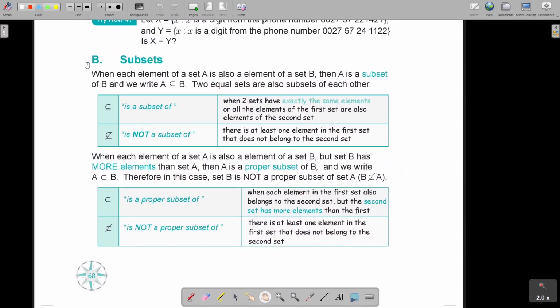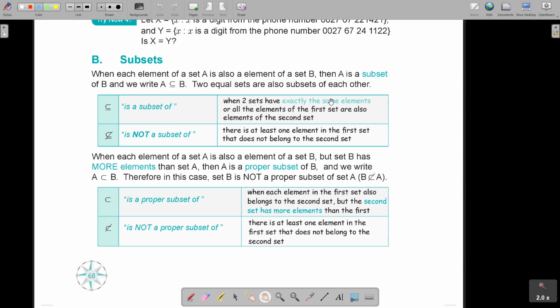So, when each element in a set A is also an element in set B, then A is a subset of B, we write it. It's almost like an equal sign. Everything that is in one is also in the other one. So, when two sets have exactly the same elements, it's like a copy and paste.